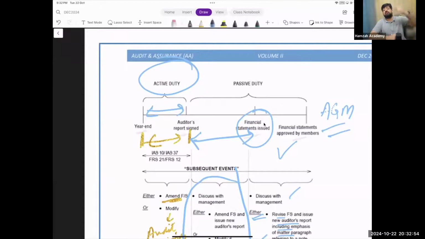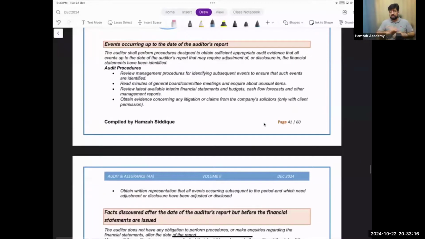Meaning he needs to plan and perform audit work on all the events, whether they have been properly reflected in financial statements or not. And afterwards, auditor has passive duty. I mean, auditor is not checking everything. Rather, whatever comes to the knowledge of auditor. Passive.